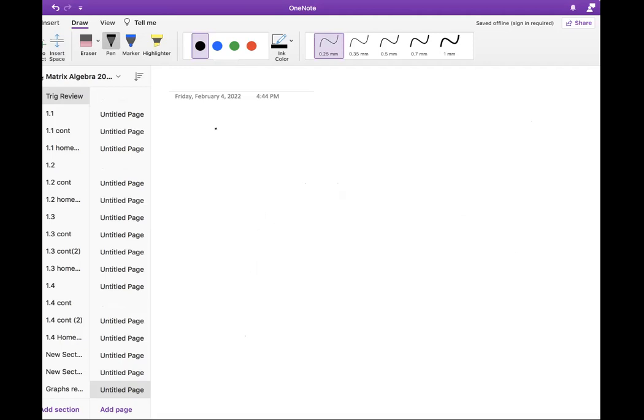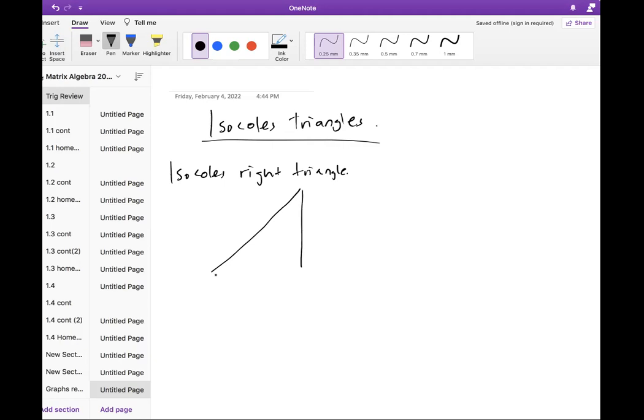Let's think about isosceles triangles. So let's have an isosceles right triangle. So if I have a right angle, and let's call this length 1, and let's suppose these angles are the same.